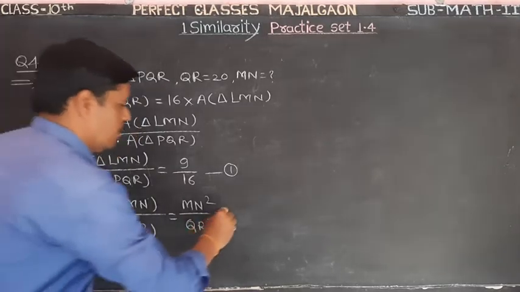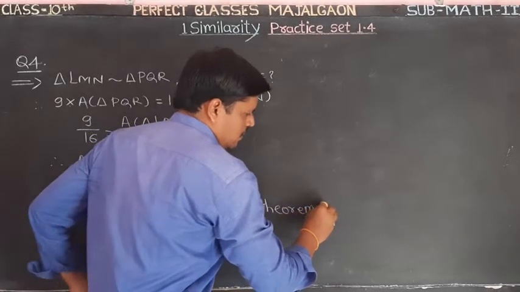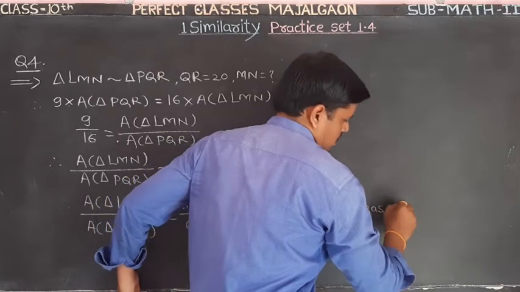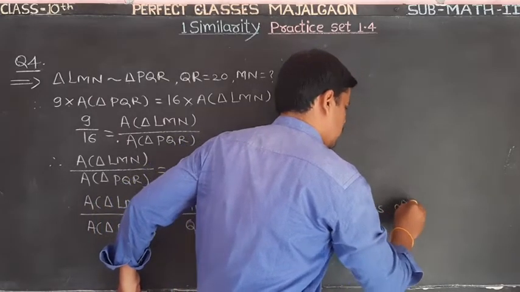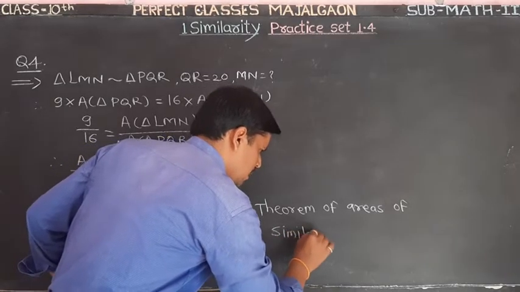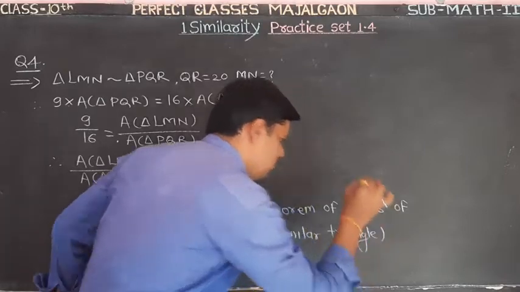Here we use the theorem of areas of similar triangles.